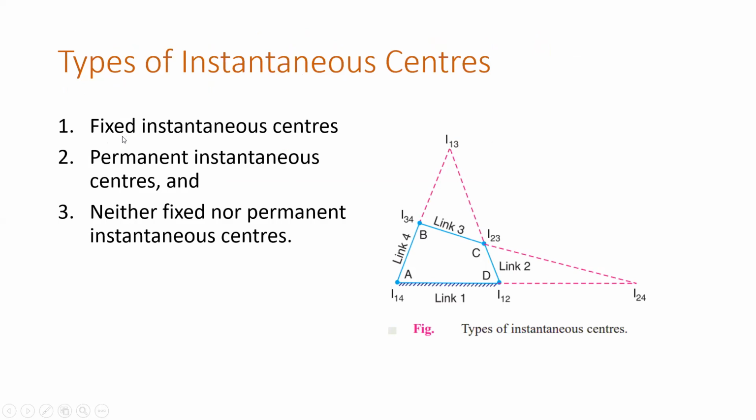Suppose there is one fixed link, and whichever other link is connected to the fixed link, at their joint the ICR will be a fixed ICR. Second is permanent instantaneous centers. And third is the one which is neither fixed nor permanent.